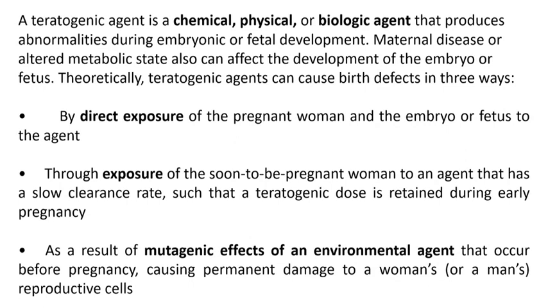We tend to think about mothers, pregnant people consuming something that is going to cause damage to a developing embryo or fetus. We cannot forget that male exposure to some of these teratogenic agents can also affect sperm development and perhaps even change DNA methylation patterns in spermatogenesis, okay?